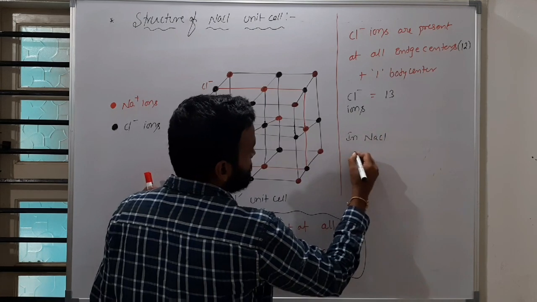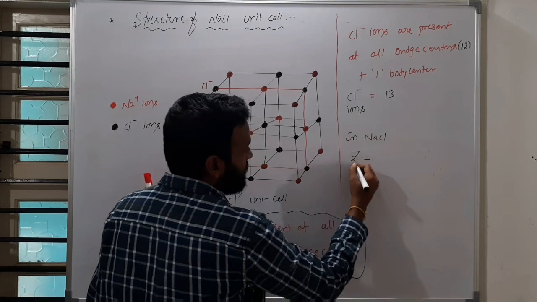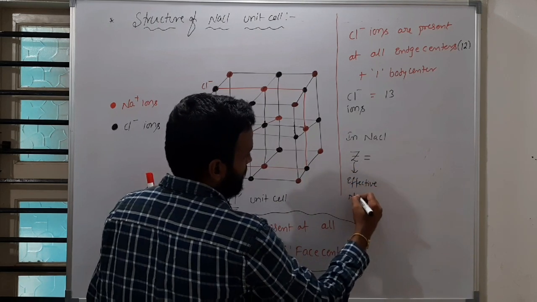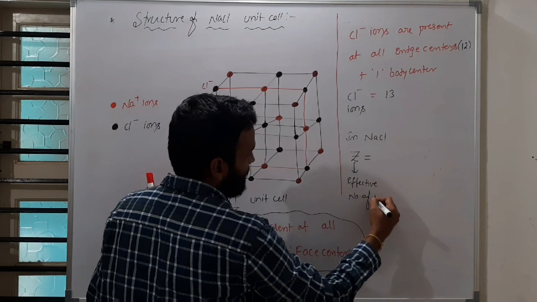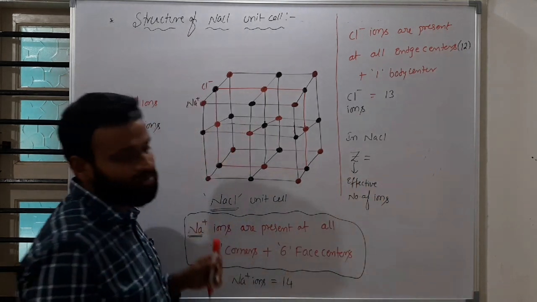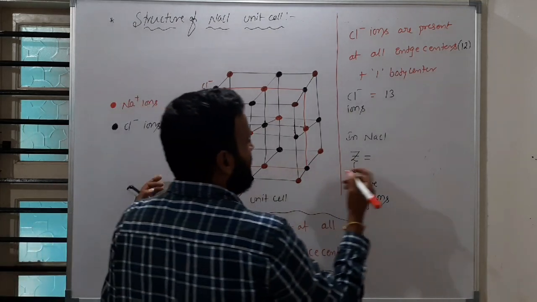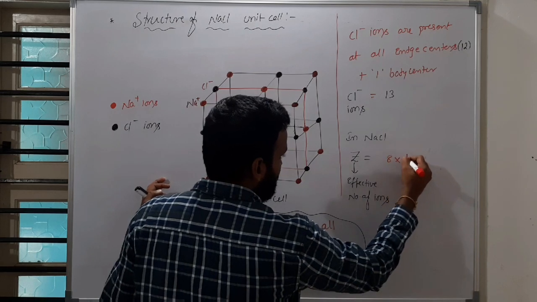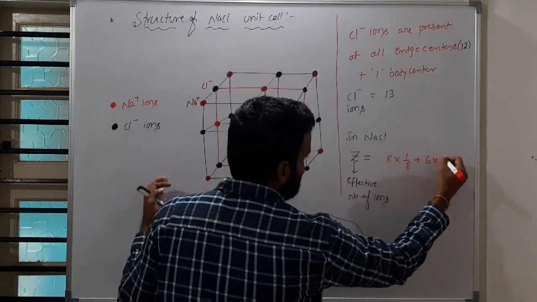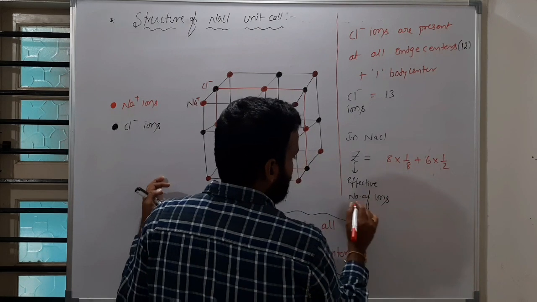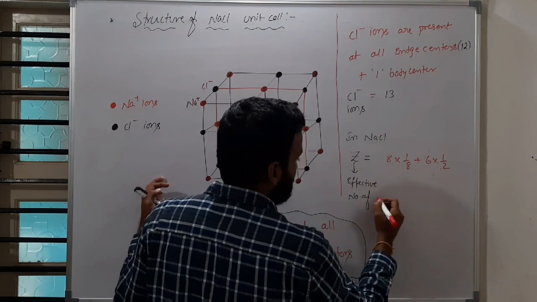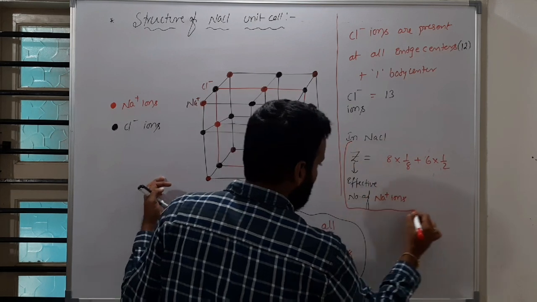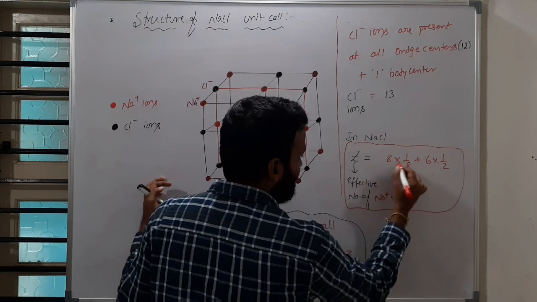Now in NaCl, what is Z? What does Z mean? It is the effective number of atoms or ions. Suppose, how many Na plus ions are there? You have 8 into 1 by 8 plus 6 into 1 by 2.